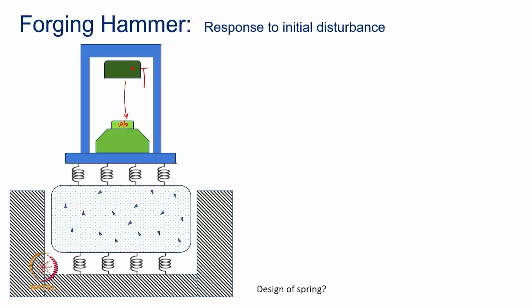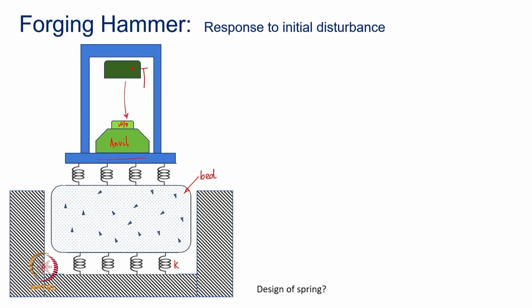So, this is like generating forged workpieces, and this is an anvil on which the workpiece is mounted, and this is the total base structure, and then that structure is isolated from a huge concrete bed here. So, this is a bed, and it is again isolated through an isolator here from the ground, okay.